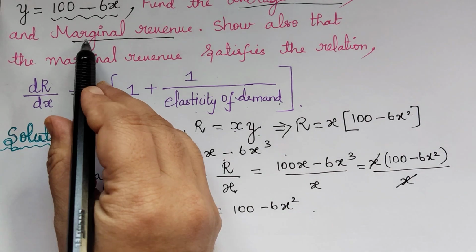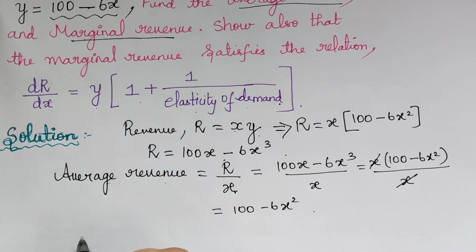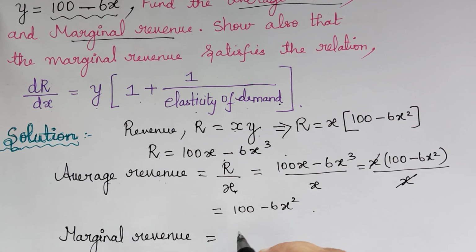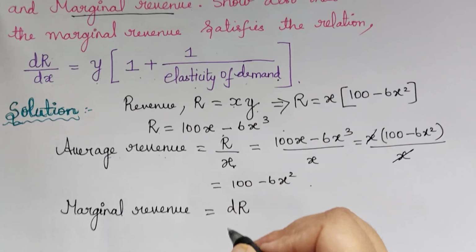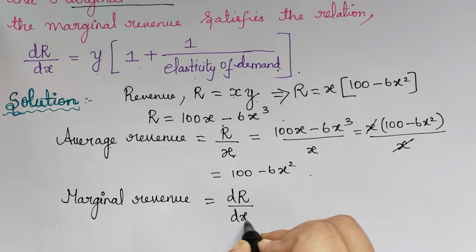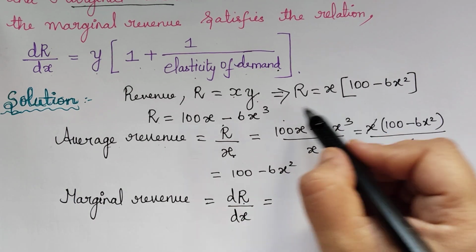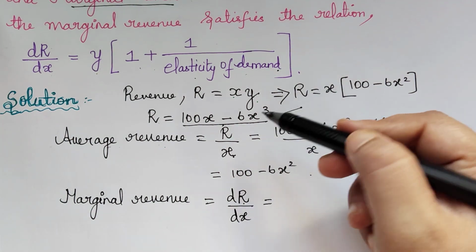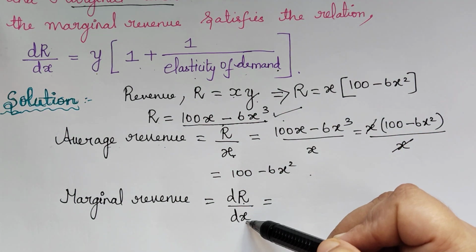The next question is to find the marginal revenue. So the formula for marginal revenue is the first derivative of the revenue function, that is dR by dx. So what is R? R is equal to 100x minus 6x cube. That is what we have obtained. We have to differentiate this R with respect to x.